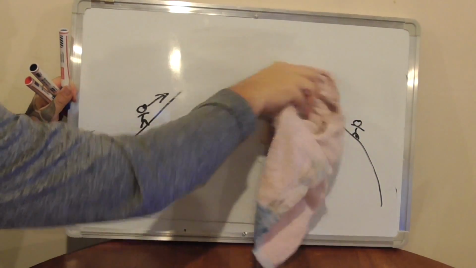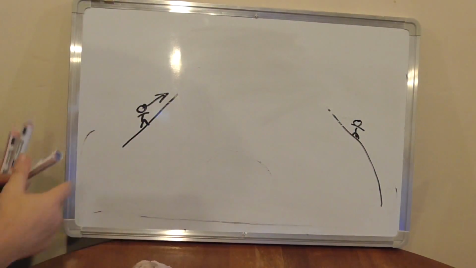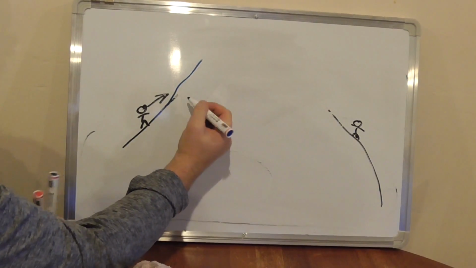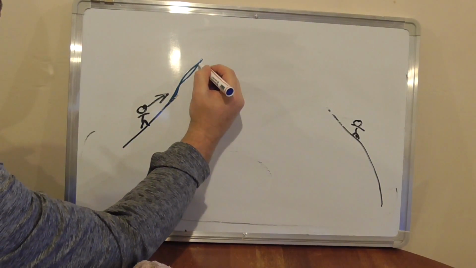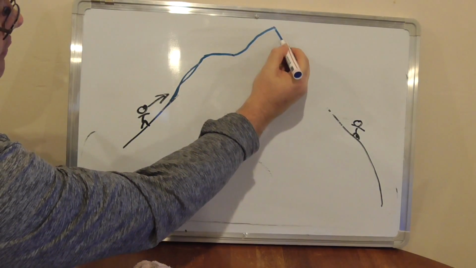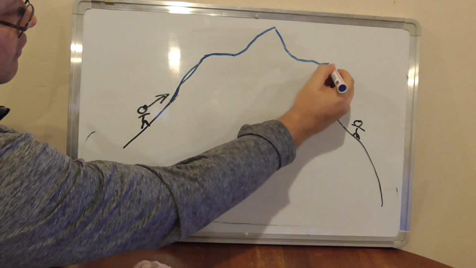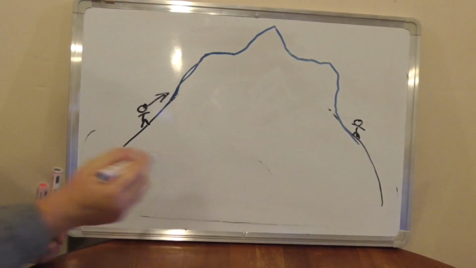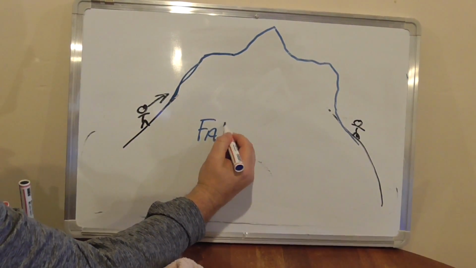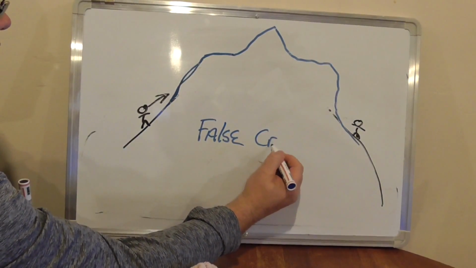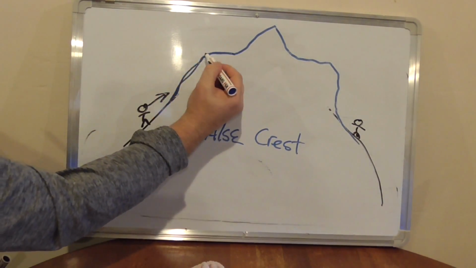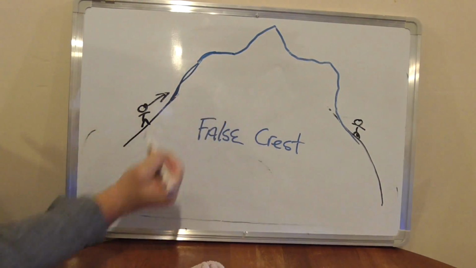Now, a thing called a false crest is that if we're looking up like this, we're going up and we see a crest like that, and then it carries on up. So a false crest means that we might be looking up and we think that's the top of the mountain.